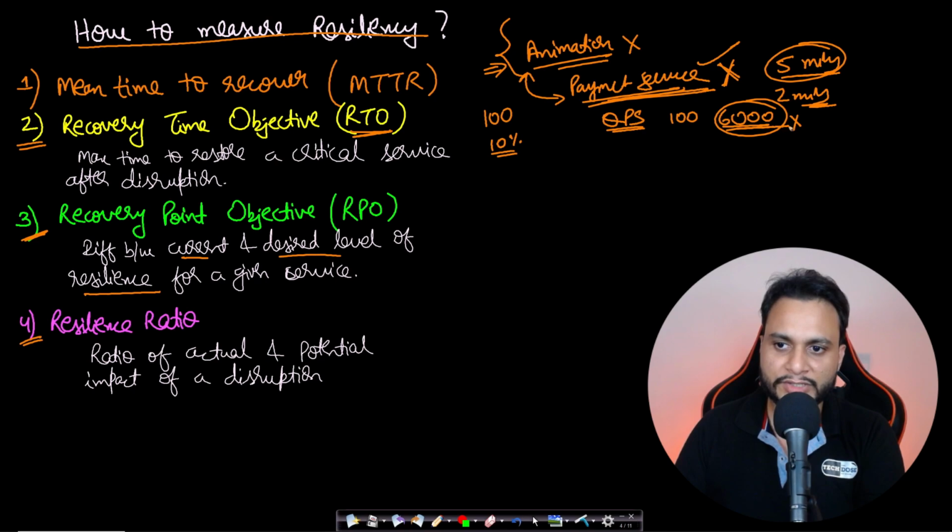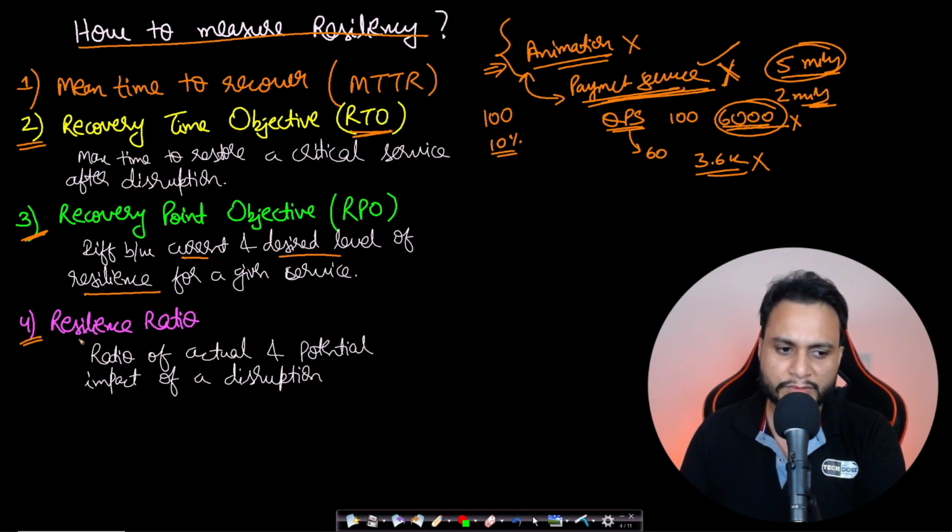So this is the expectation. But then let's assume that even though you were down for 1 minute, you got fewer queries for payment, let's say only 60 per second, and hence 3.6k requests were not served. So in this case, the impact was less compared to what the potential impact could have been, right?